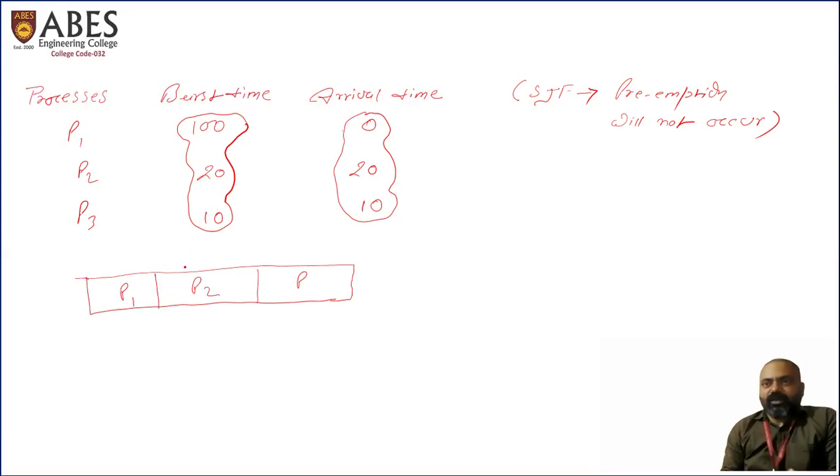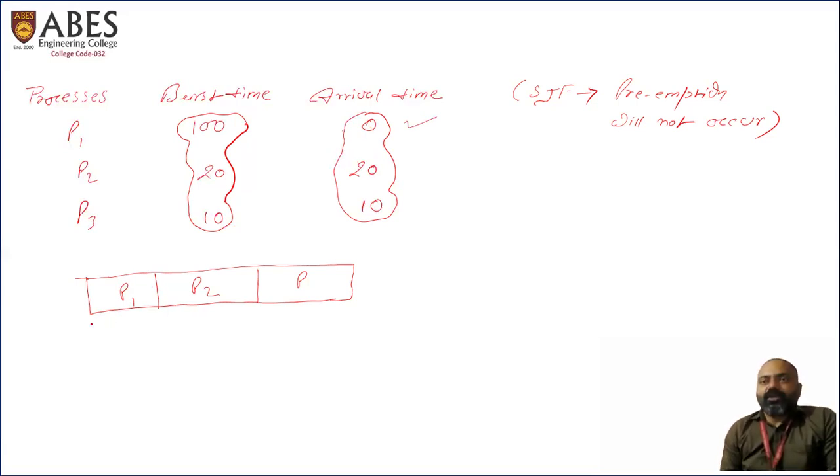So please don't consider P1, P2 now. We will update that. So at time 0, there is only one process inside the system. When we have only one process, there is no other process for comparison. So we consider P1 as the smallest. Okay.